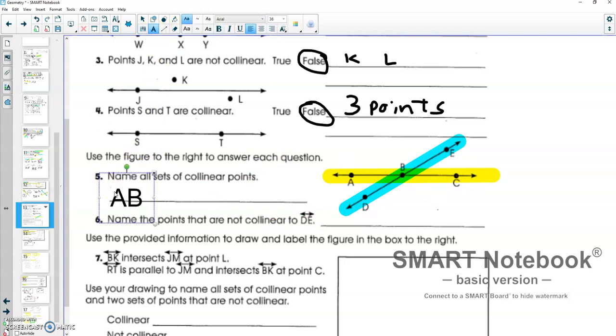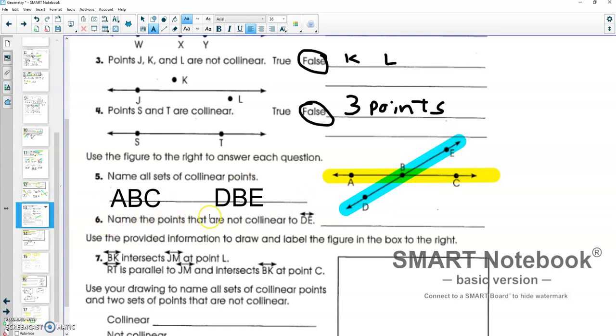We have A, B, C, our set of points that are collinear, they're on the same line, and D, B, E. So A, B, C are all on the same line, and D, B, E are also on the same line. So these are your answers.